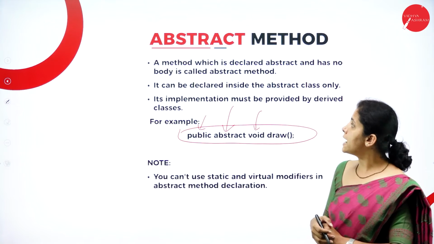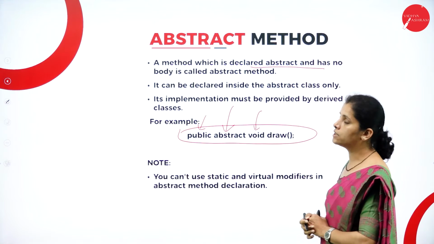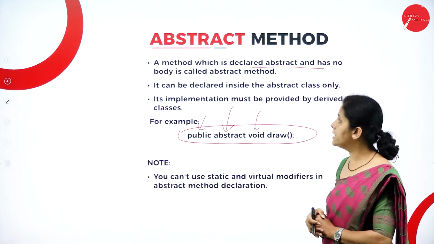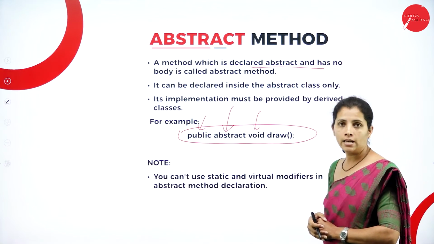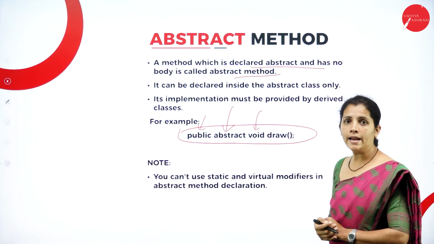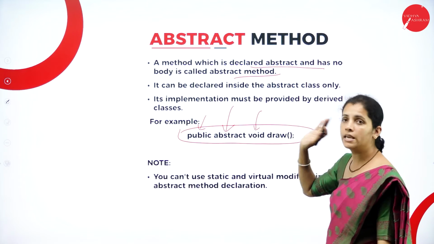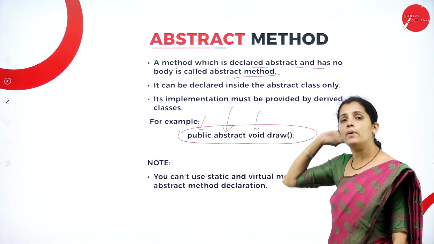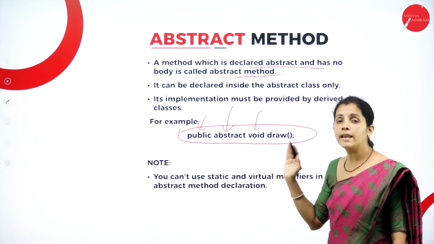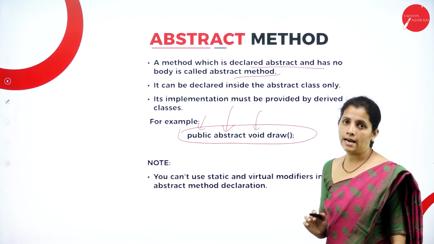So an abstract method, which is declared abstract, does not have any body, and that kind of method is called an abstract method. To define an abstract method, I'm going to use the keyword abstract, and I define it within the abstract class.